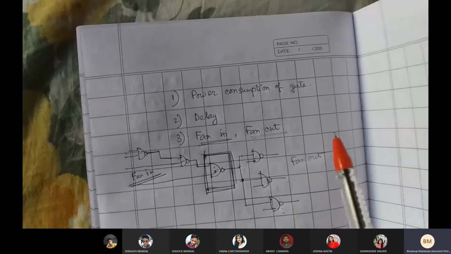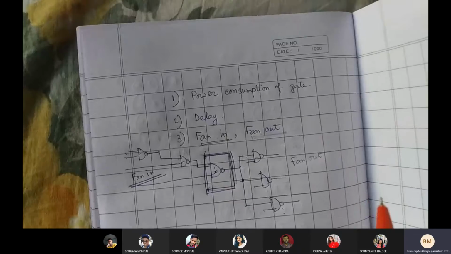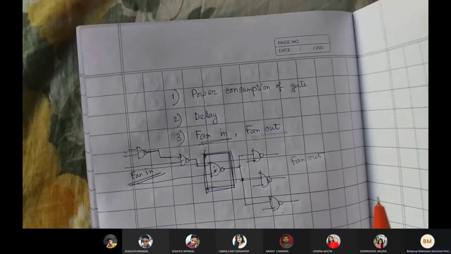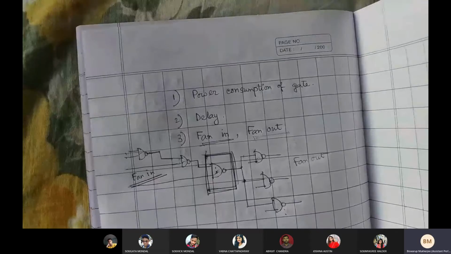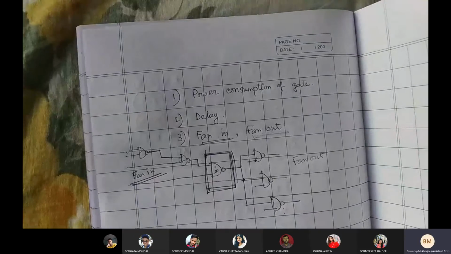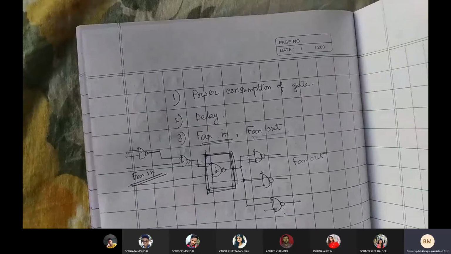We should follow a similarity approach. Okay, that is why we should learn how to implement all other gates using universal gates. So that is the major back-end reason why we should learn this.